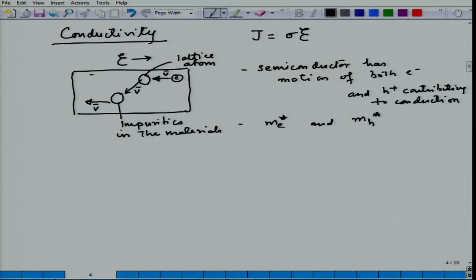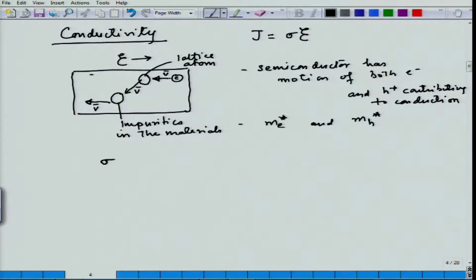So, if I look at the classical picture, then I can write the conductivity due to electrons in the conduction band as the carrier concentration of electrons in the conduction band, times the charge squared, times tau n, which we have defined earlier, divided by m n star. What is tau n?